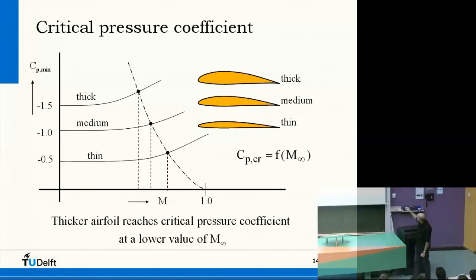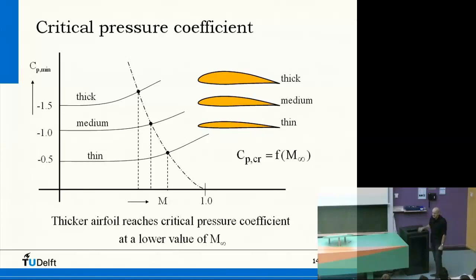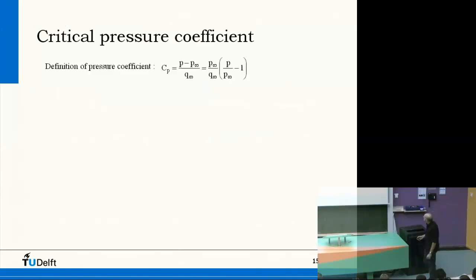And the point where Mach 1 is reached comes closer to 0, of course, because in this case the super velocities are so high that Mach 1 is encountered earlier than in this case. So there is a relation between the thickness of the airfoil and the critical Mach number. And you see this line here, and we'll look at it closely.